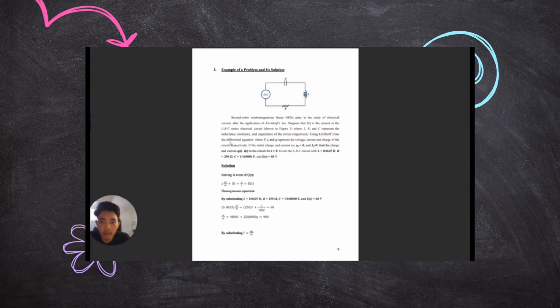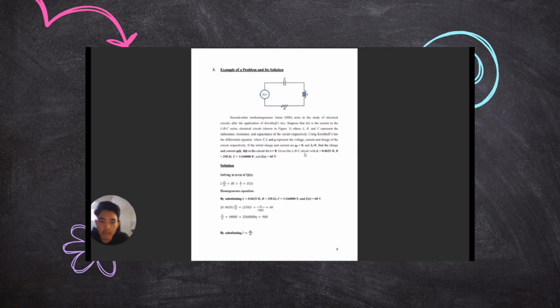Using Kirchhoff's law, we get the differential equation, where V, I, and Q represent the voltage, current, and charge of the circuit respectively. If the initial charge and current are Q(0) equals 0 and I(0) equals 0, find the charge and current, Q(t) and I(t), in the circuit for t greater than 0.